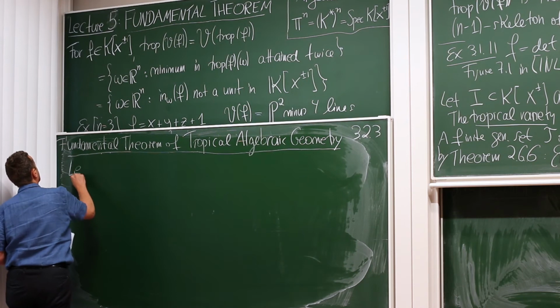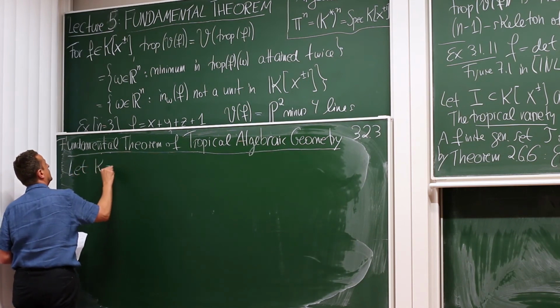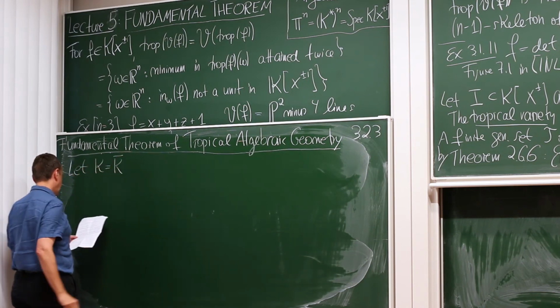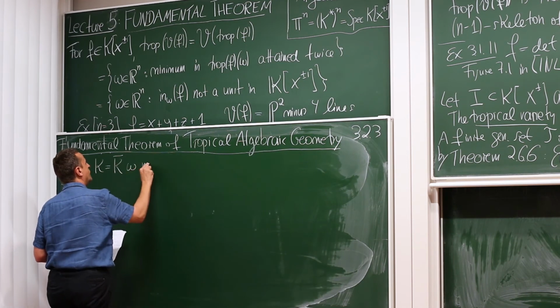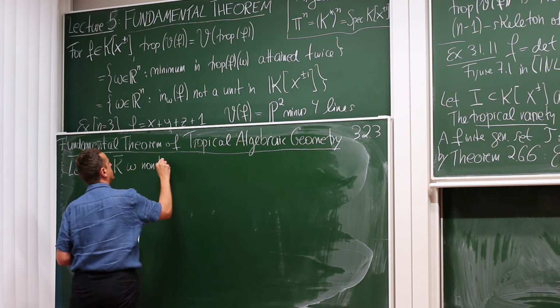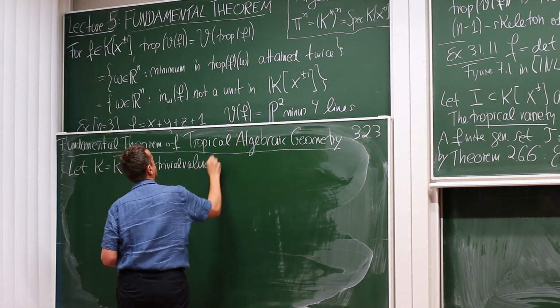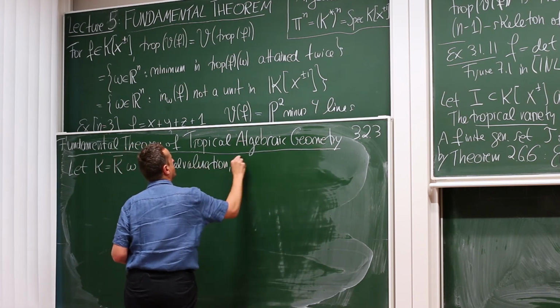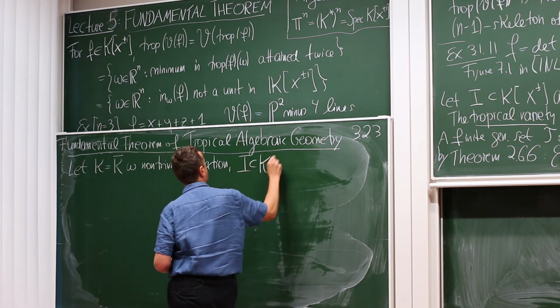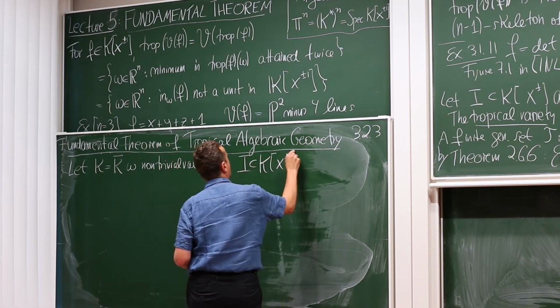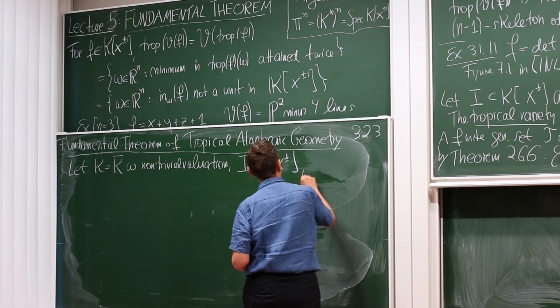So let's say K is an algebraically closed field, same hypothesis, with non-trivial valuation. I is any ideal in the Laurent polynomial ring over that field.